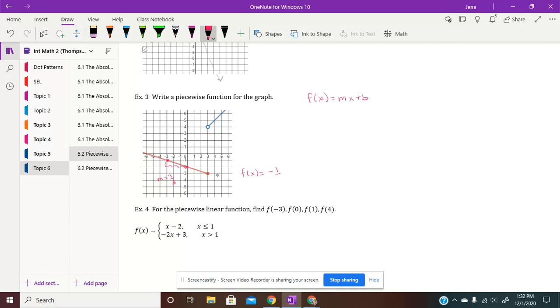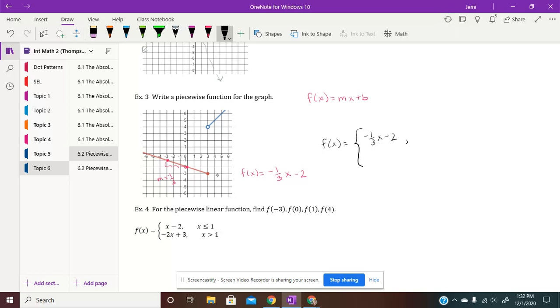So I have a -1/3 slope. And then the y-intercept is -2.